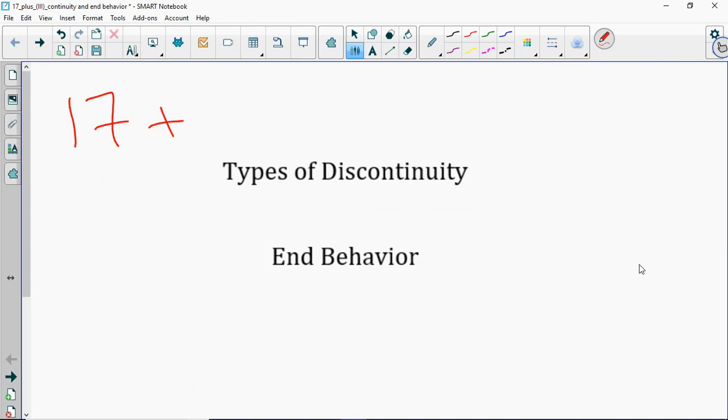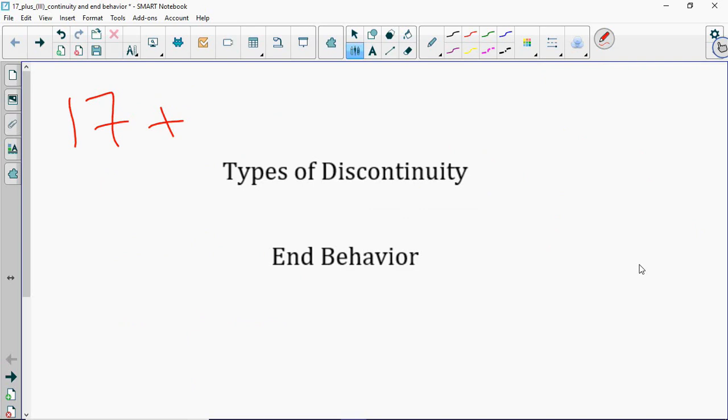Okay, in this video we're going to look at two topics which are both related to the domain of a function, so the set of possible x values of the function. First, we'll talk about what it means for a function to be discontinuous, and we'll discuss the different ways that a function could be discontinuous. We'll think about that both algebraically as well as graphically.